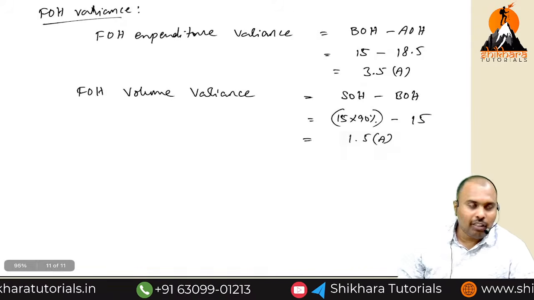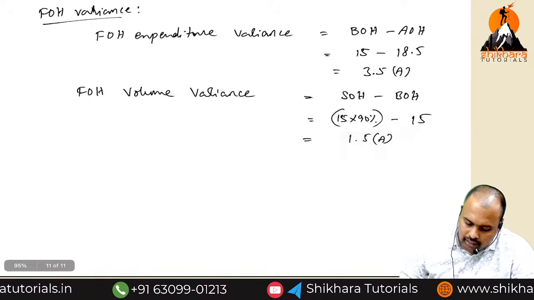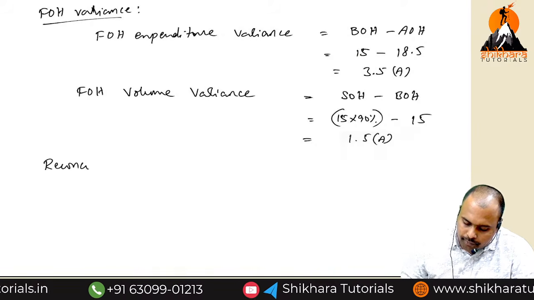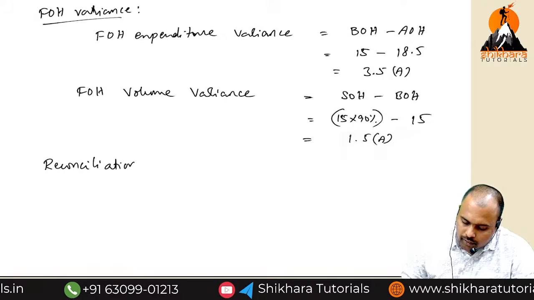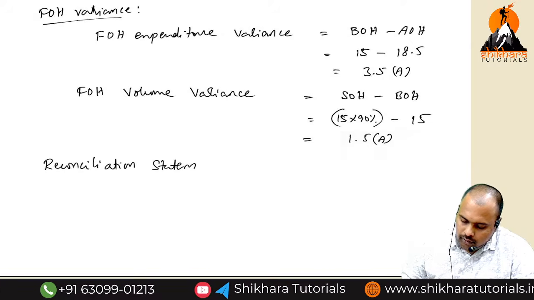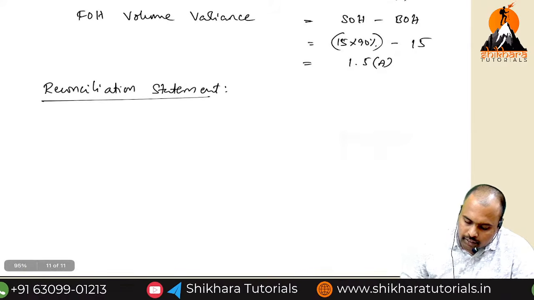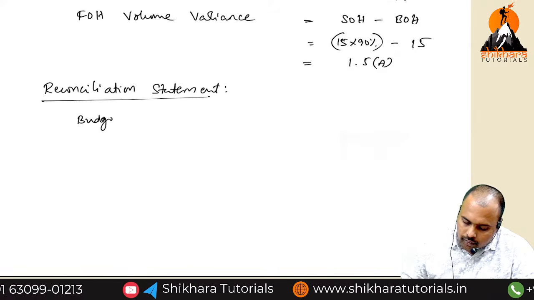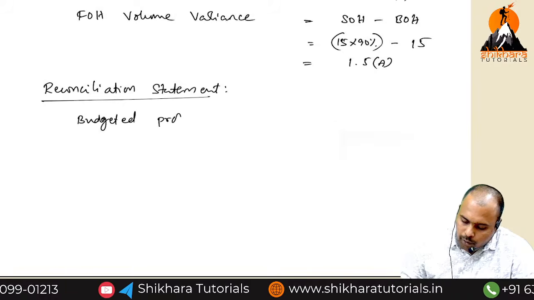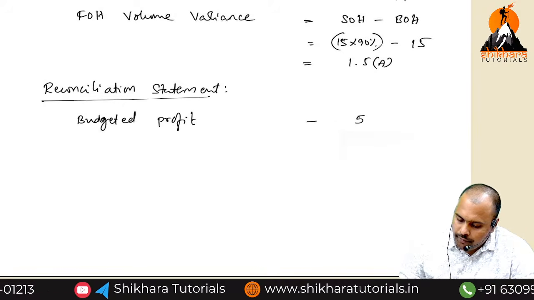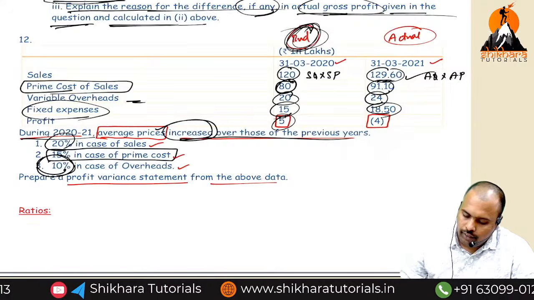Okay, now we have all the variances. Now do the reconciliation statement. First start with budgeted profit. How much is budgeted profit? 5.